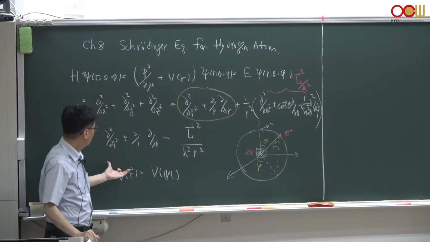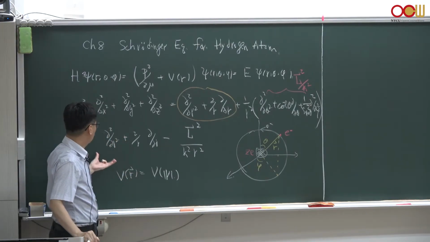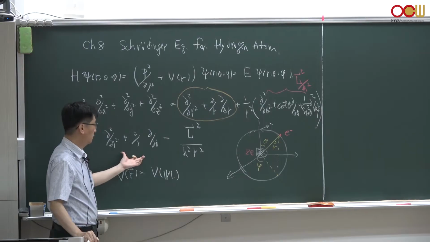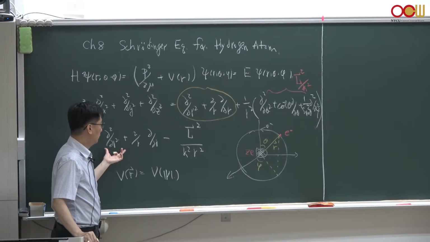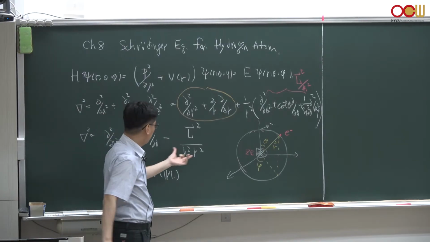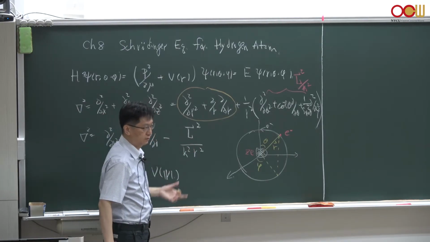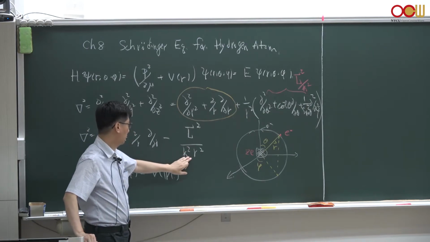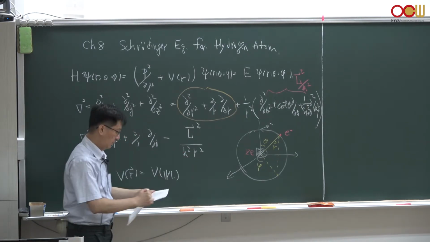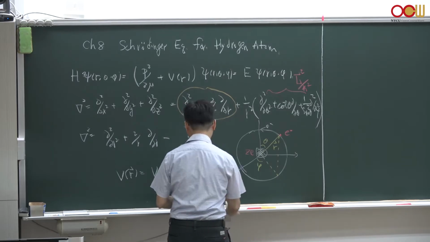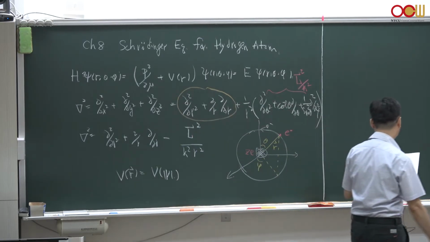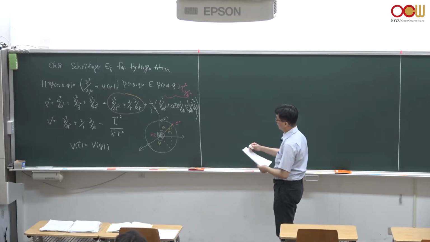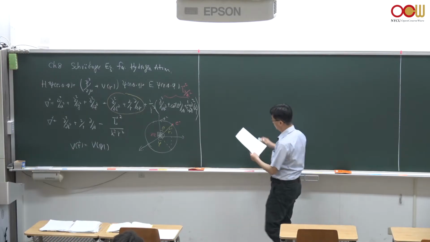So then you could easily just decompose this gradient squared in terms of the derivative involving only the radius vector, plus or minus this angular part. This angular part is given by L squared divided by h bar squared r squared. So then it is very easy to rewrite this Schrödinger equation for hydrogen atom in spherical coordinates in the following form.